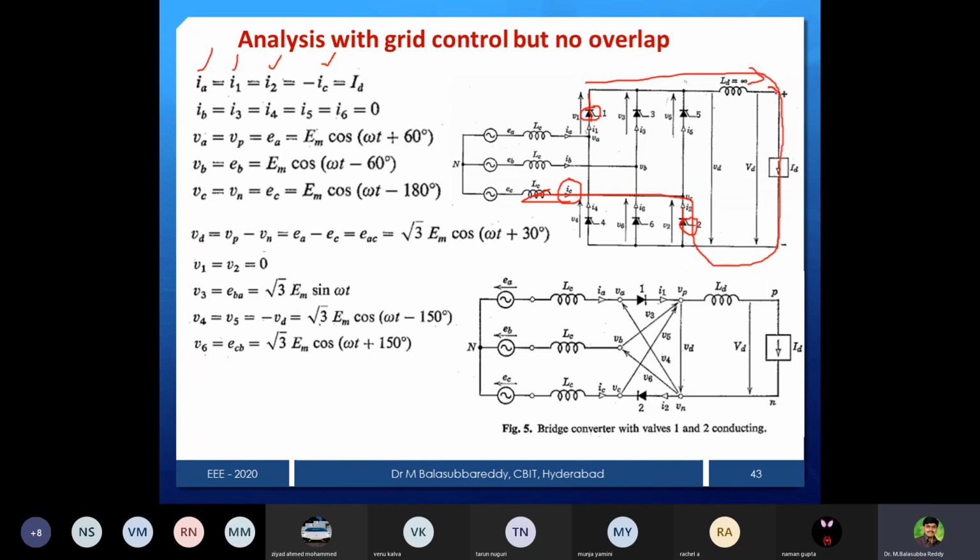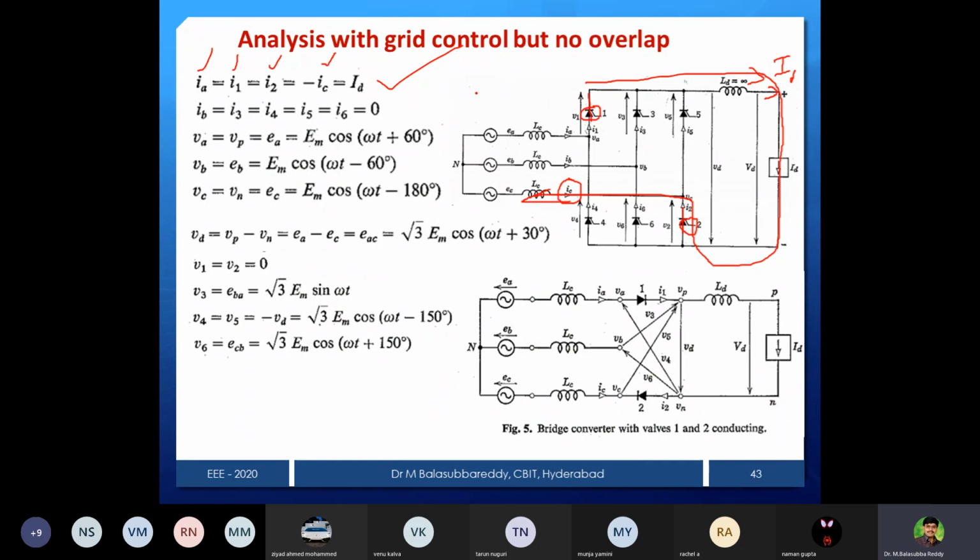Then the load current is the ID current, so that current is equal to ID only. So I1 current, ID current and I2 current are all the same, but the IC current has just the opposite sign. That's why I mention it as minus. So this is the case. And now similarly, suppose at any particular instant 2 and 3 are conducting, then what are IA, IB, IC or V1, V2, V3 and so on.